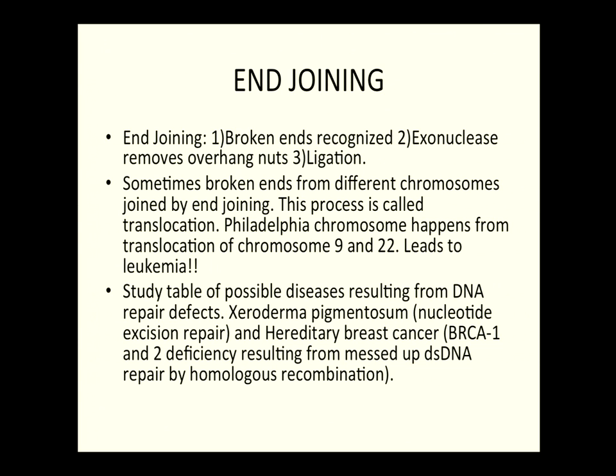And the other one you'd probably want to know is hereditary breast cancer. So when you have deficiencies in the BRCA1 and BRCA2 genes, in that case, you have defect in homologous recombination for the breast cancer. All right, make sense?